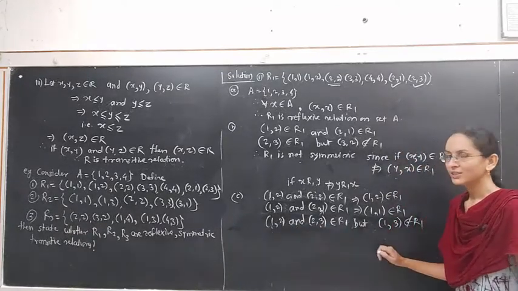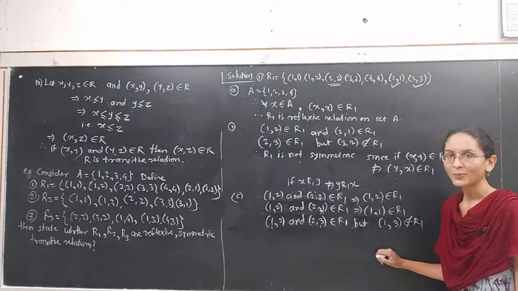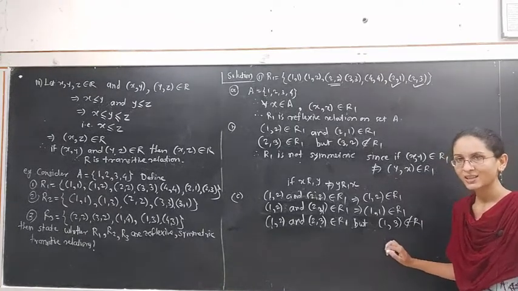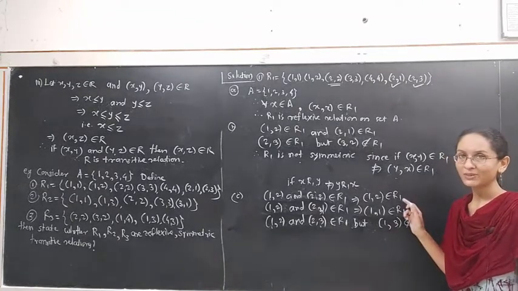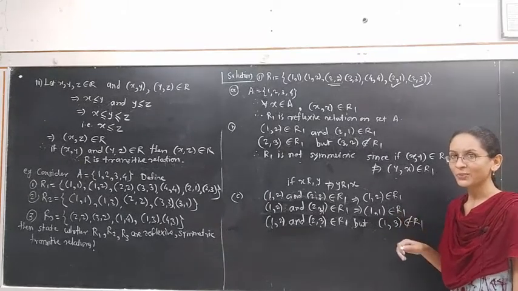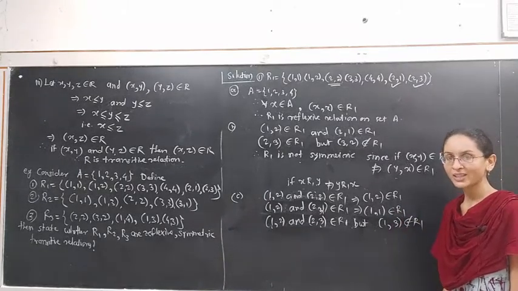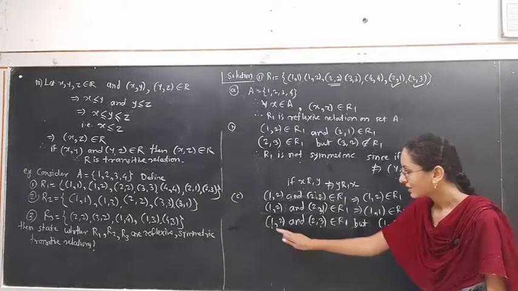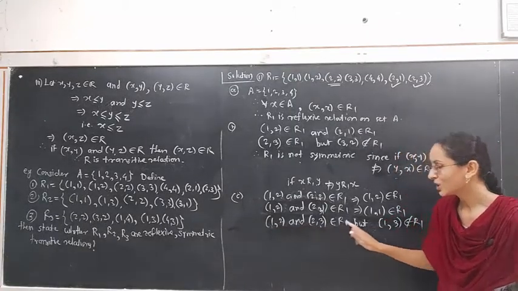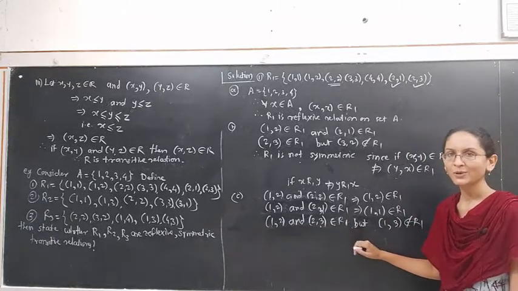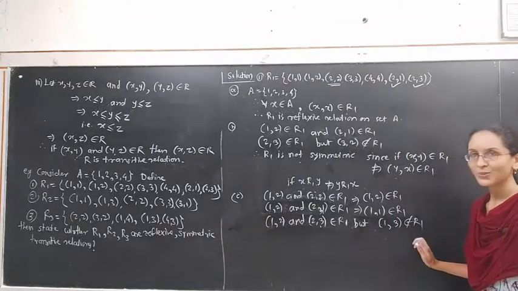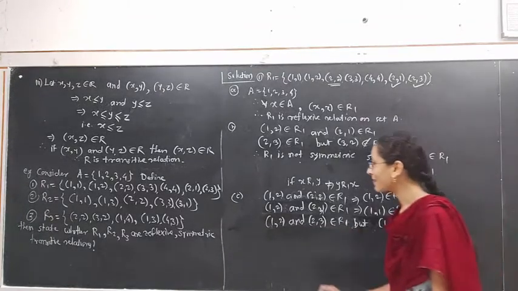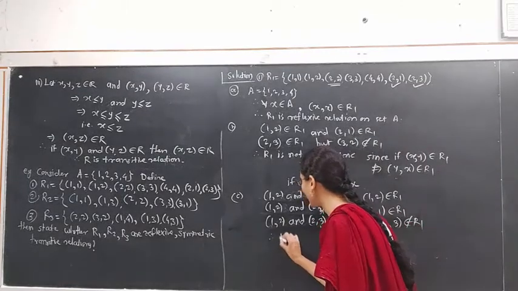The definition should be true for all ordered pairs of the type (x, y) and (y, z). If (x, y) and (y, z) belong to R1, for all such ordered pairs, if (x, z) belongs to R1, then only R1 will be a transitive relation. Here, in the third case, (1, 2) and (2, 3) belong to R1, (x, y) and (y, z) belong to R1, but (x, z) does not belong to R1. Therefore, R1 is not a transitive relation.